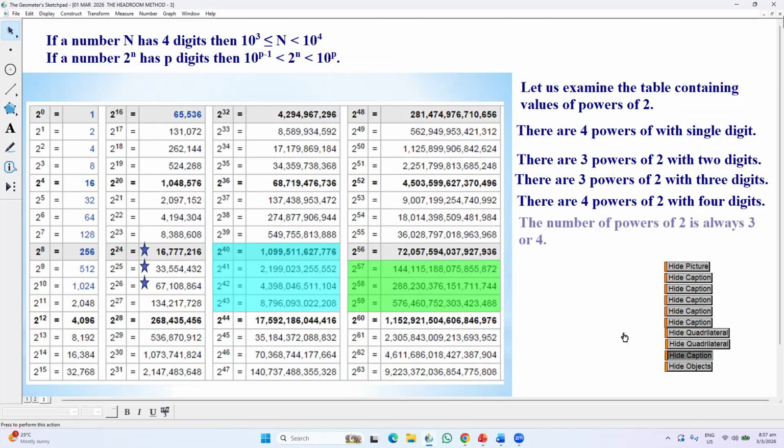So we observe that the number of powers of 2 is always 3 or 4. This is what we are going to prove in the video.